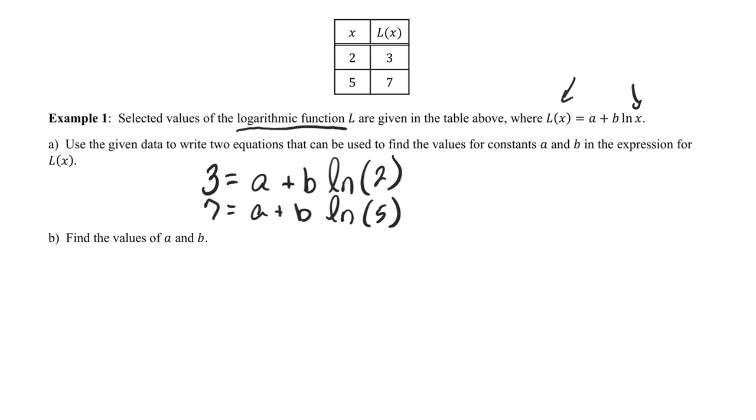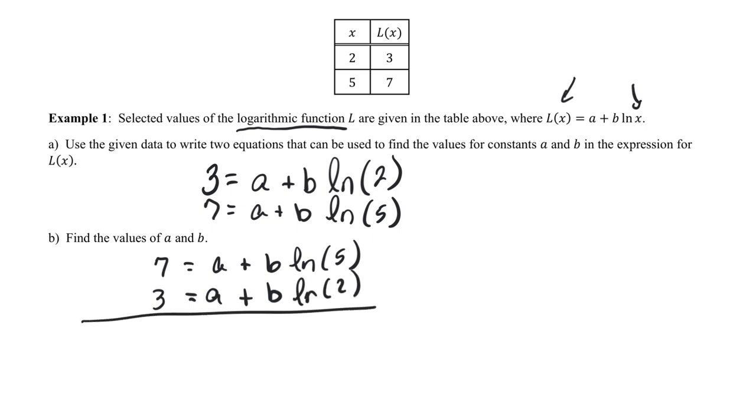For B, they're wanting us to actually find these values of a and b. What we have just done is made two equations, and we still have two unknowns. We did this with x's and y's back in Algebra 2. So let's rewrite these. I got 7 equals a plus b ln 5, and 3 equals a plus b ln 2.